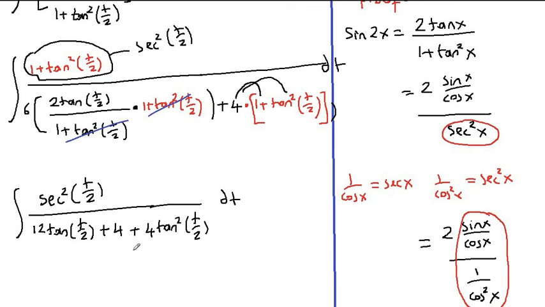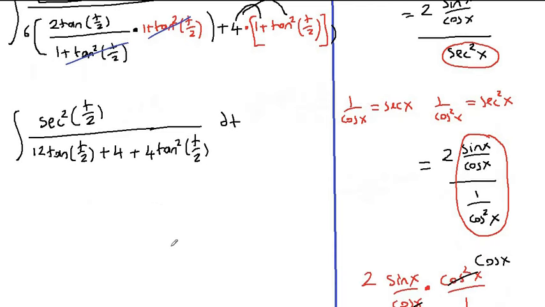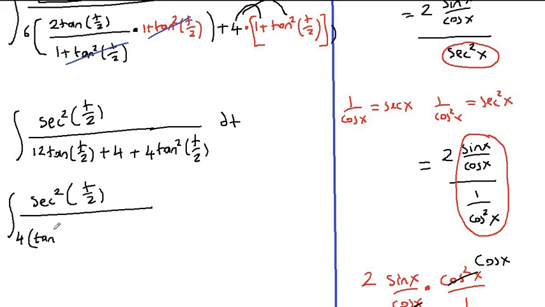Now we see a quadratic function in the denominator that we can rearrange. The pattern is a quadratic denominator where we will be using the completing the square technique. So we have secant squared of t over 2. Now we can also factor out 4 and order from highest to lowest order. So factor out 4 tangent squared of t over 2.